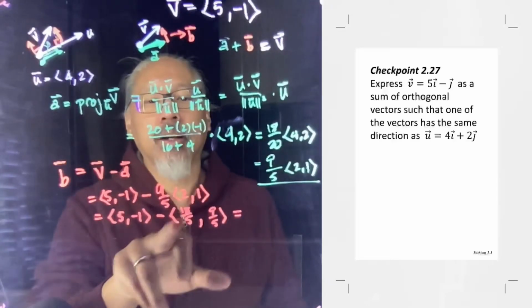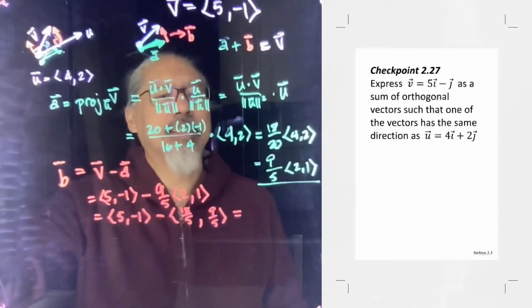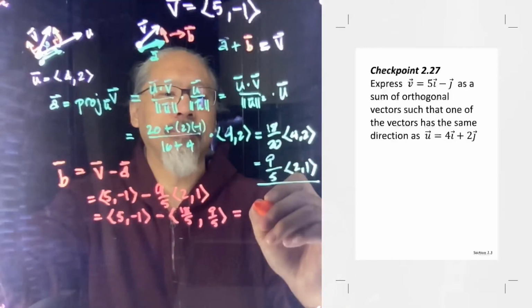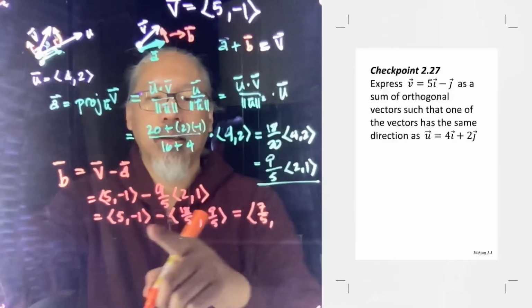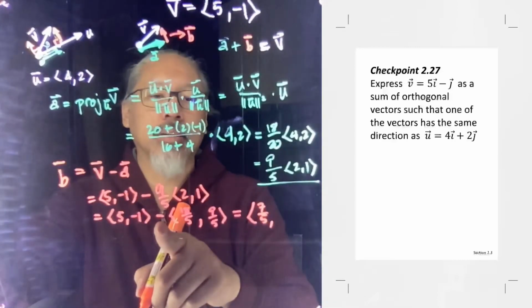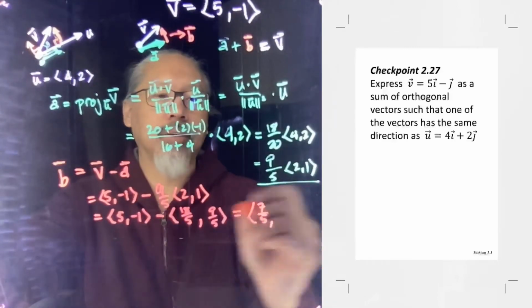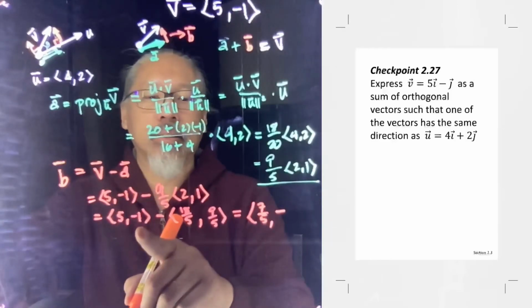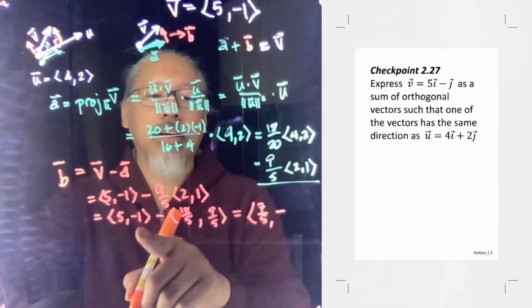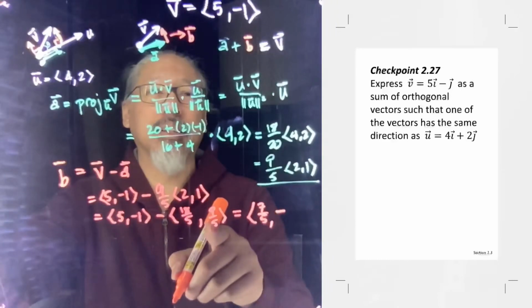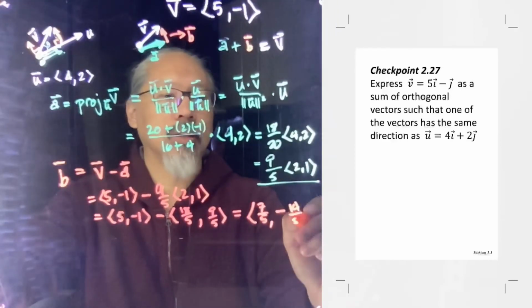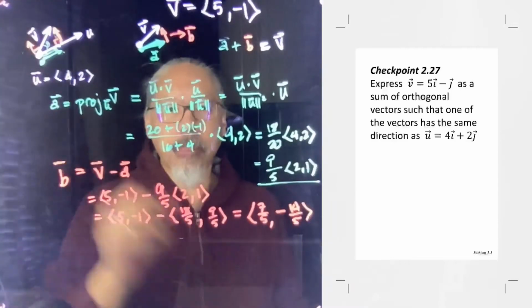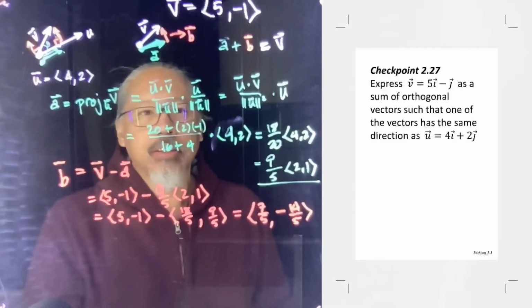This is 25. 25 minus 18 is, I think, 7. And negative 1 minus, so we're essentially adding them with the negative sign, and so that's 5 plus 9 is 14. And same denominator, 5. Okay, so this is your B vector.